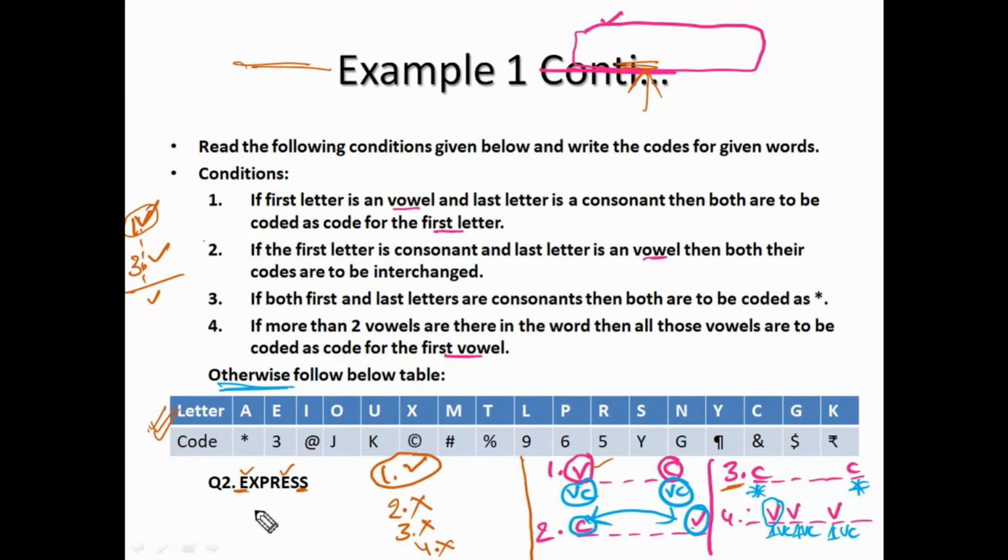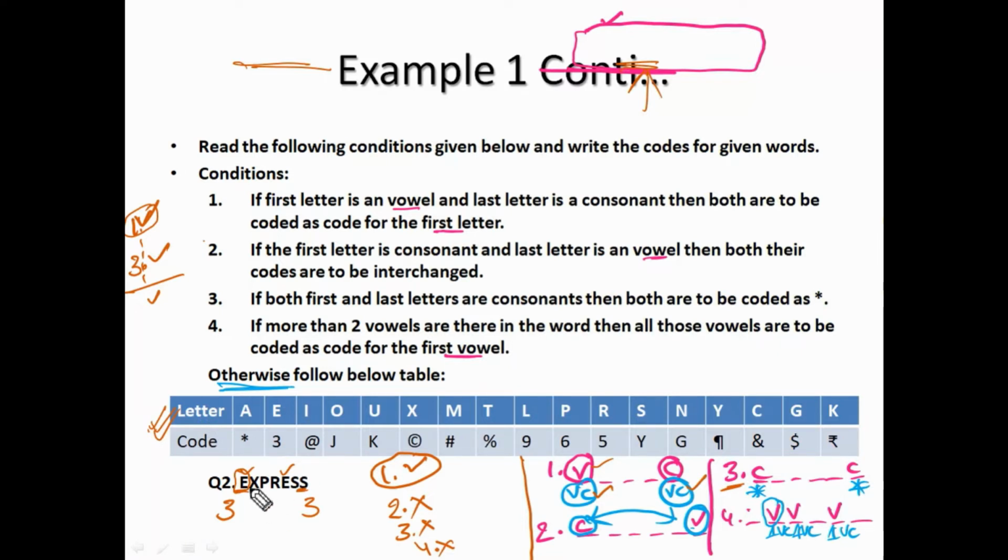According to condition 1, if first is a vowel and last is a consonant, both first and last are to be coded as the vowel code. So here what is the vowel? E is the vowel. What is the code for E? 3. Both first and last are to be coded as 3. And the remaining letters are not involved in this condition, so code them as it is according to the table.